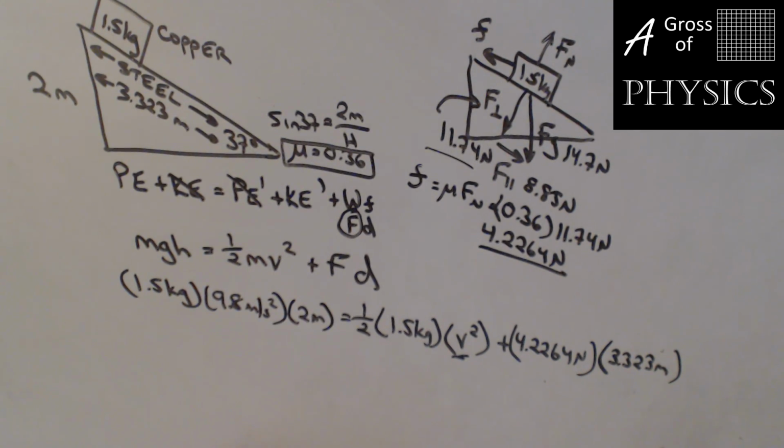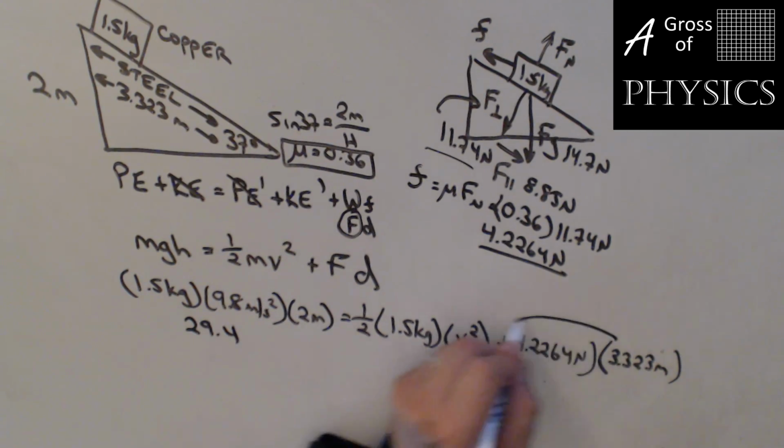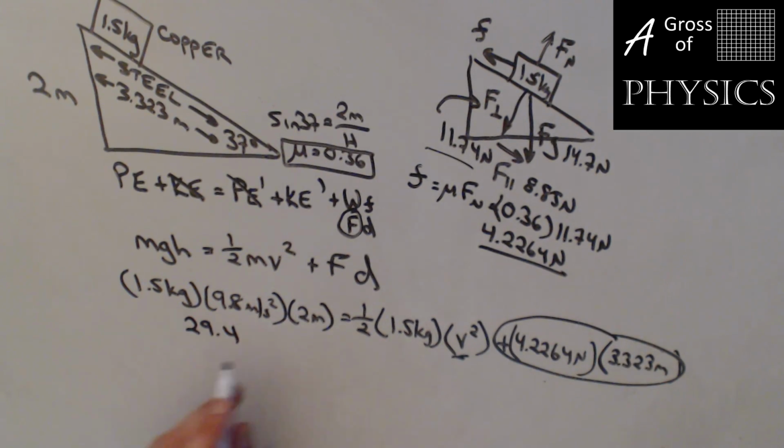So 1.5 times 9.8 times 2 equals 29.4 for that term. I'm going to combine these two and subtract it. So 4.2264 times 3.323, and I get 14.04 here.